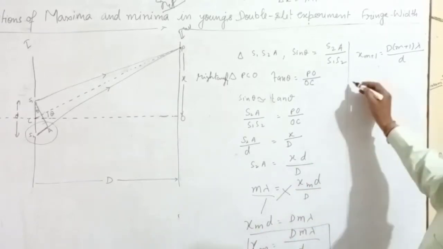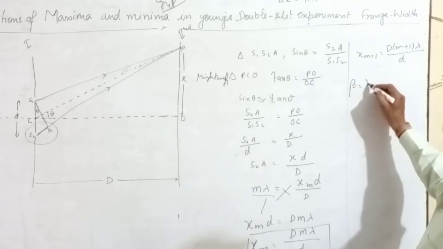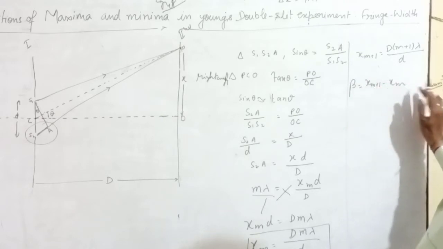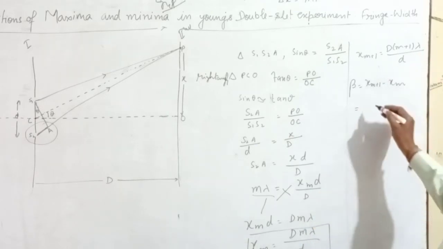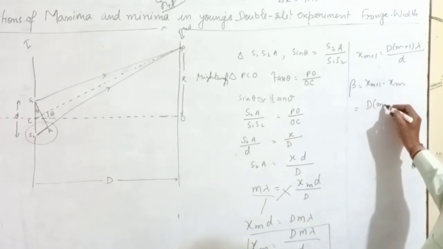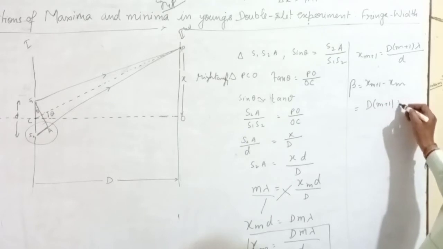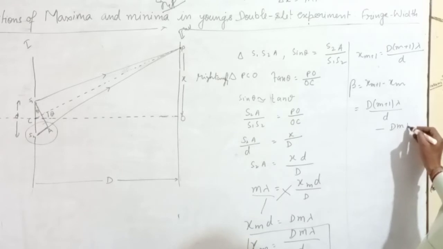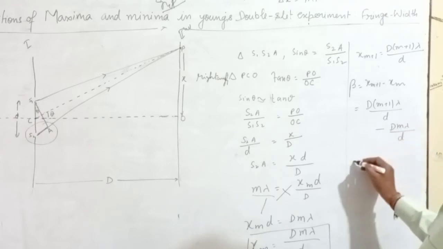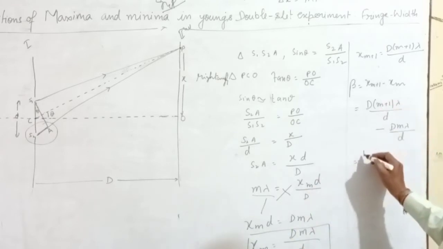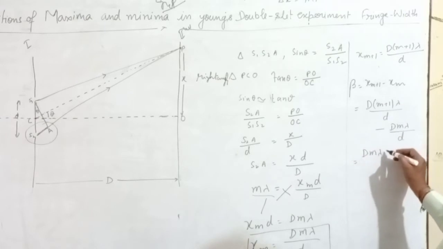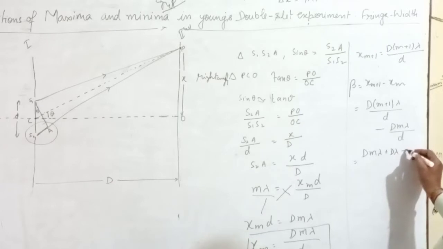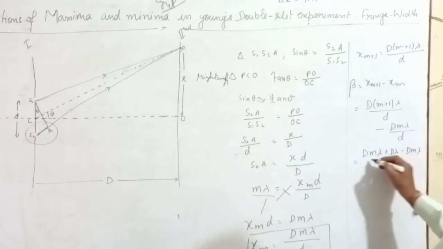Now you want to find out fringe breadth. xm plus 1 minus xm equals D (m plus 1) lambda upon small d minus D m lambda upon small d. Both have the same denominator. I open this bracket: D m lambda plus D lambda minus D m lambda, and D m lambda cancels. So beta equals D lambda upon d.